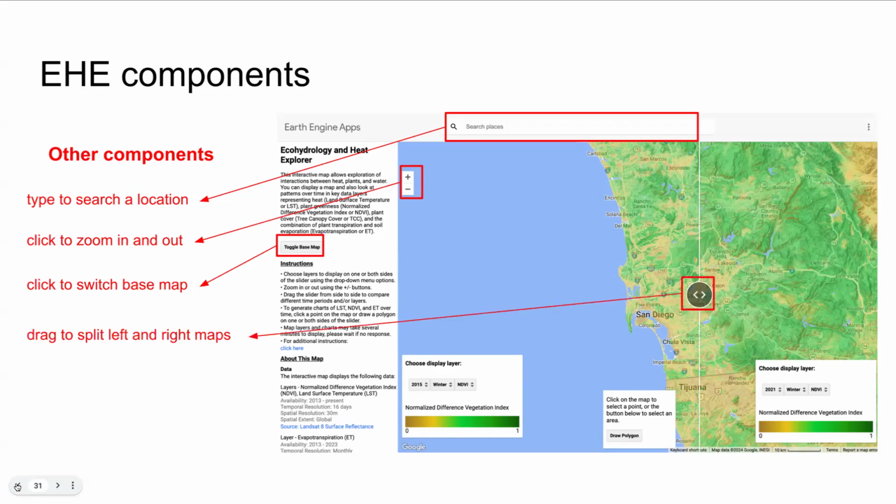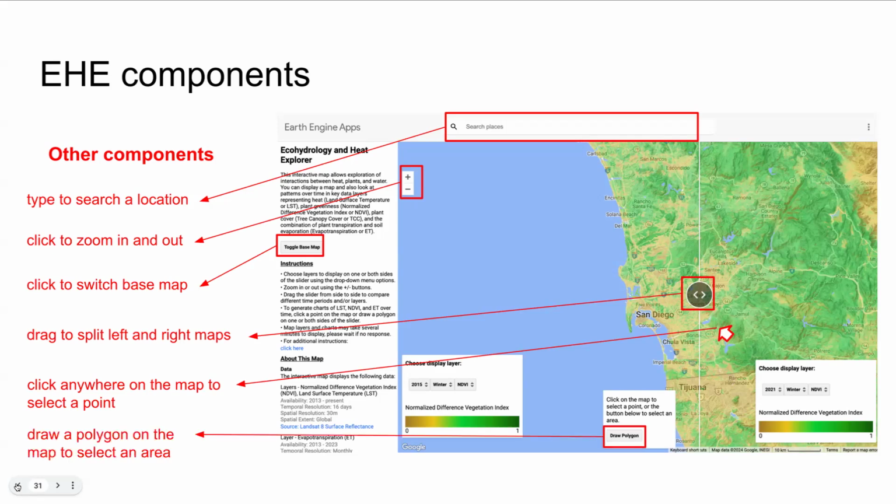And then we can use the screen slider, dragging to split the left and right maps, depending on our purpose of view. And also we can click anywhere on the map to select a point, which is a point selection function that we'll talk about later. And finally, we can click the draw polygon button on the bottom panel to draw a polygon on the map to select an area, which we'll also illustrate later.